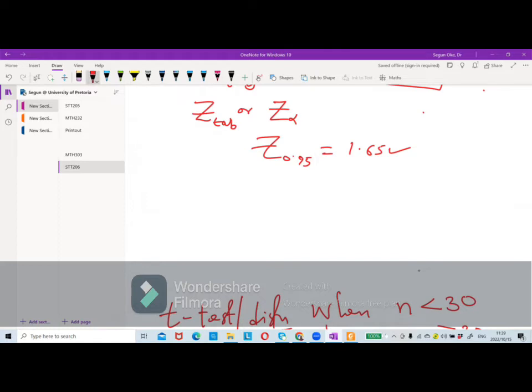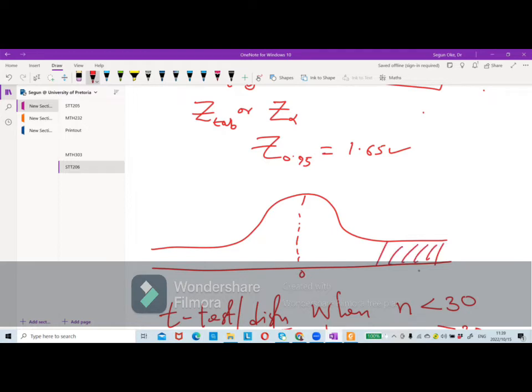So the bell shape will be our normal distribution table. This is 0. So we have 1.65. The 1.65 will be here. And this one will be negative 1.65. Remember, I told you they are symmetry. What is the other side will be this side.